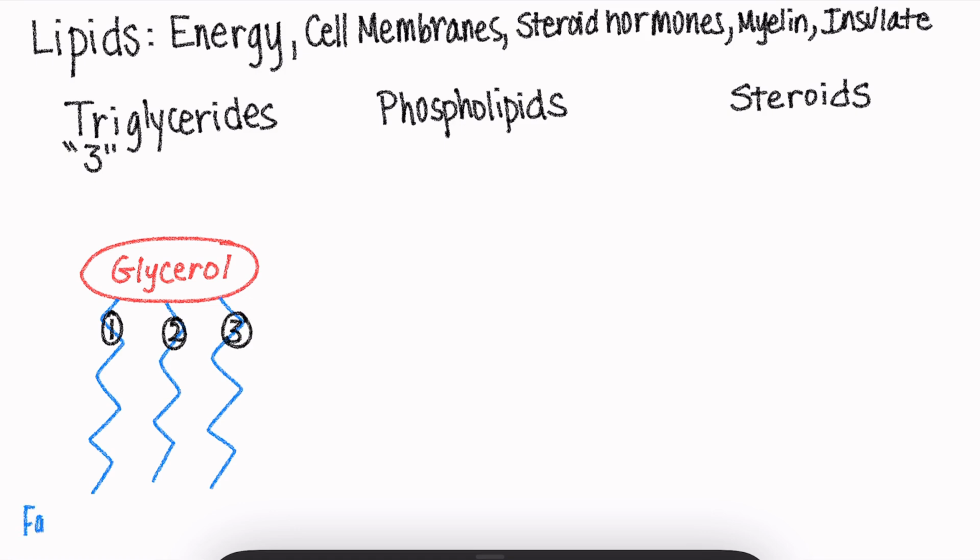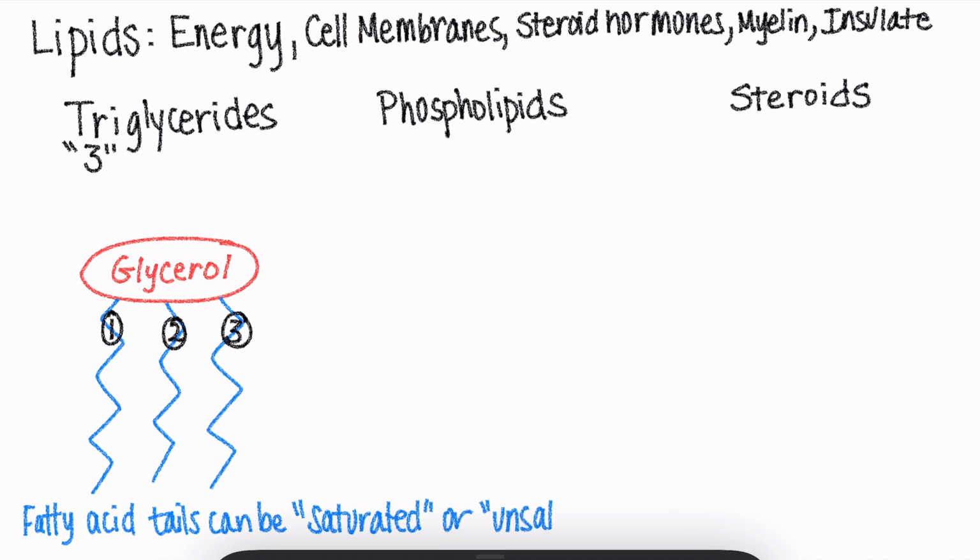Fatty acid tails can be either what we call saturated or unsaturated. What I've drawn here are all saturated fatty acid tails because they're all composed of single bonds.